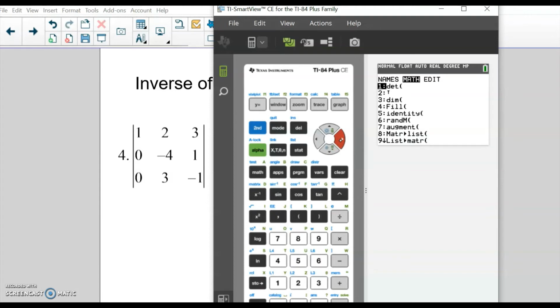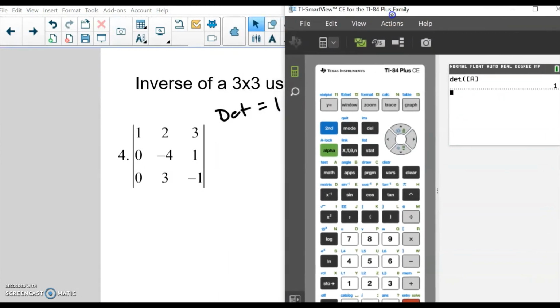The very first choice is DET. If we were just trying to find the determinant of this matrix, we would just find the determinant of the matrix A. And there you can see it's the same one that we had earlier.